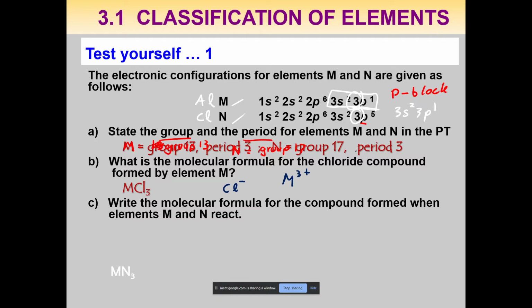Kenapa dia suka 3+? Kalau you guys tengok, dia ada 3 valence electron. Okay. Every atom, semua atom, dia suka fully fill, sama ada fully fill ataupun partially fill electron. Partially fill orbital, which is 3p3.